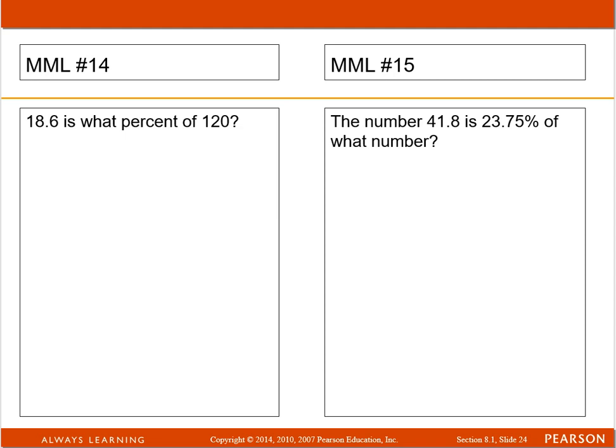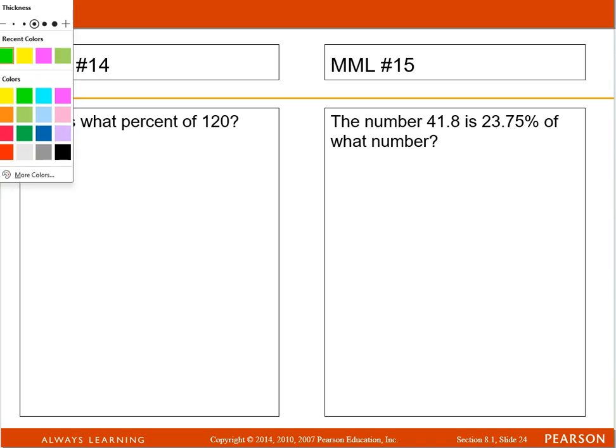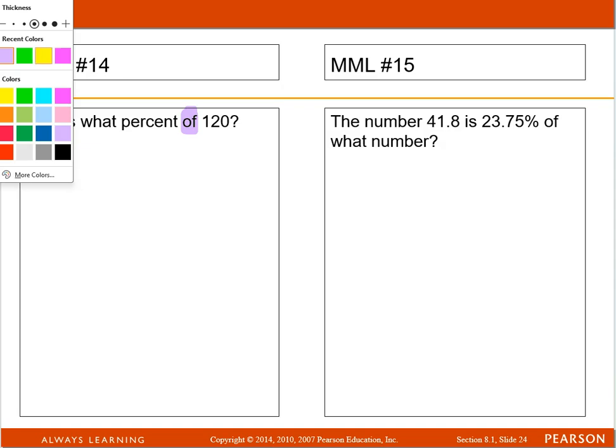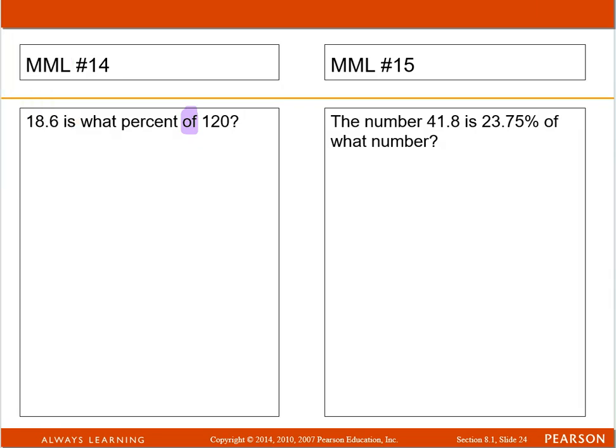Right, on 14, it says 18.6 is what percent of 120? And if you recall, the word "of" is your multiplication, and the "is" is your equal sign.